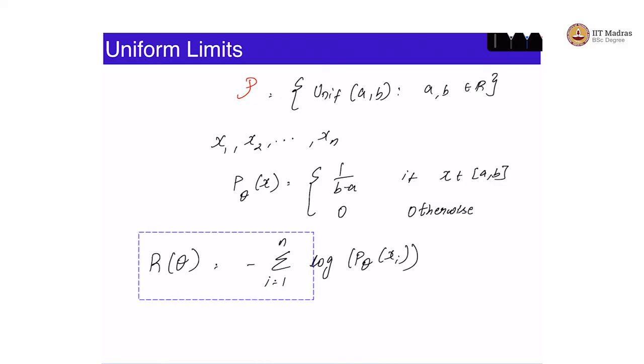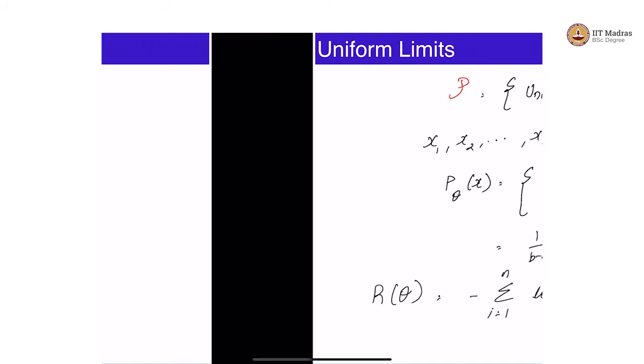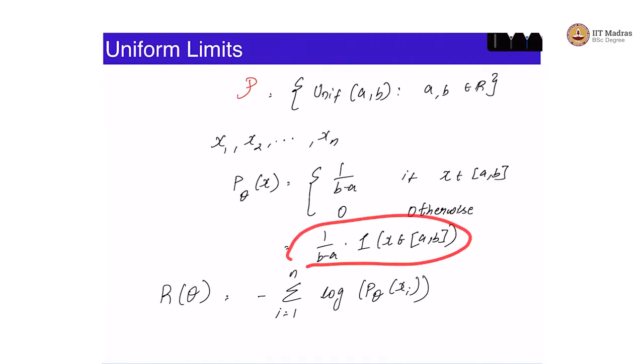The same way we simplified p theta in a product form, you can do the same thing here and say p theta of x is simply 1 by (b minus a) times the indicator of x belongs to a to b. This expression is exactly the same as the previous expression, but this is more compact and expressed in a product form. And the product form expression is nicer because the log decomposes it even further.